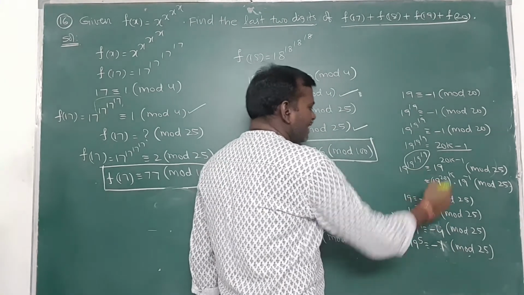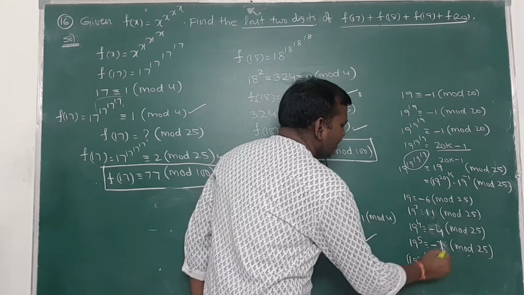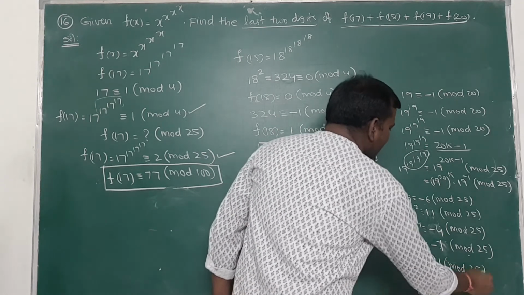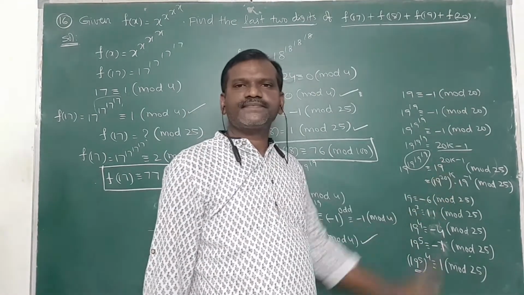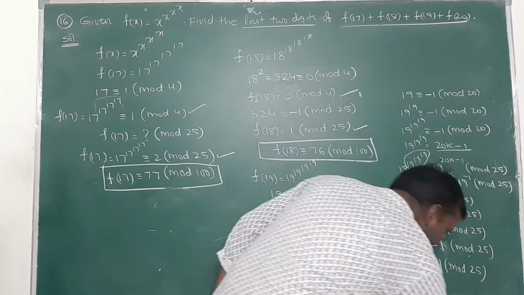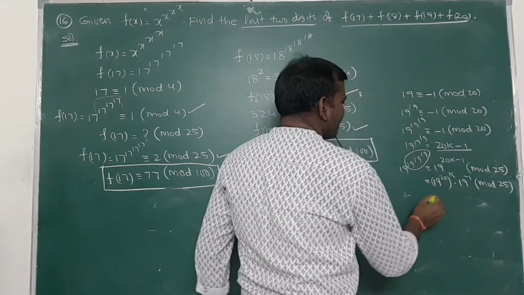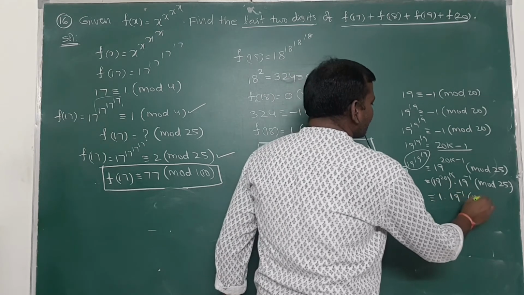But 19 power 20 I want here, so 19 power 5 whole power 4, that means minus 1 whole power 4 plus 1 only, mod 25. That means 19 power 20 value is 1 only. So 1 power anything is 1. So that means here I am getting this value is 1 only, 1 into 19 power minus 1 mod 25.